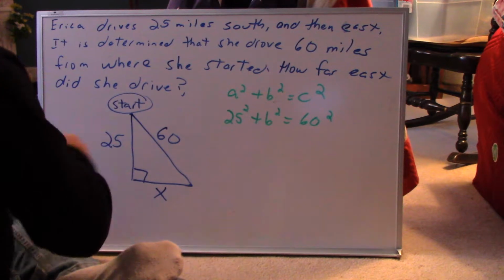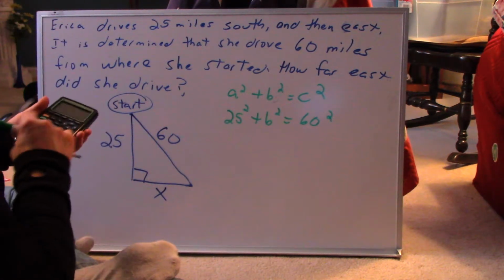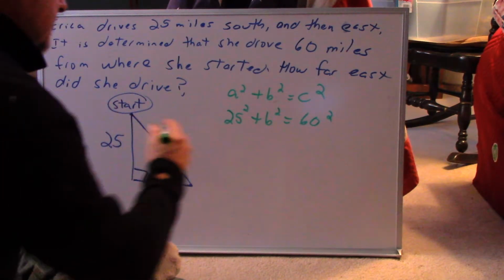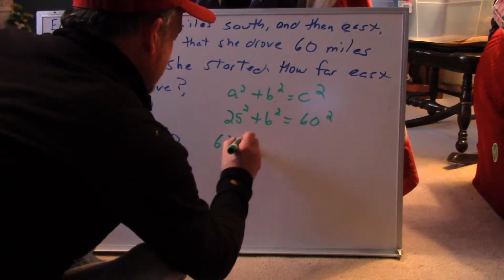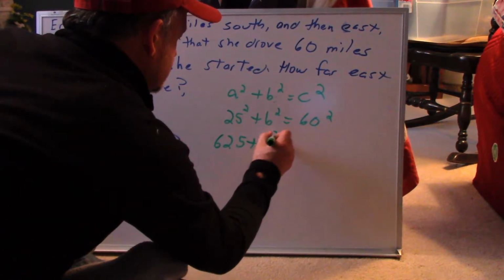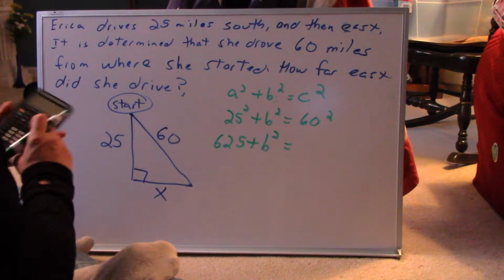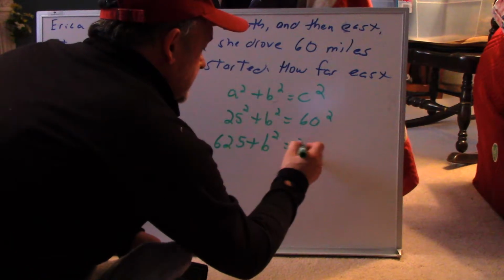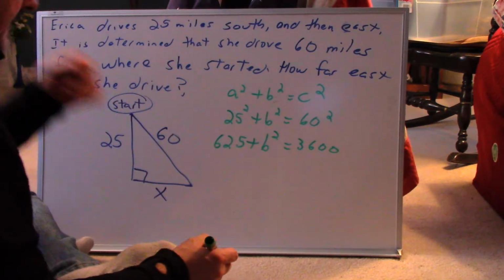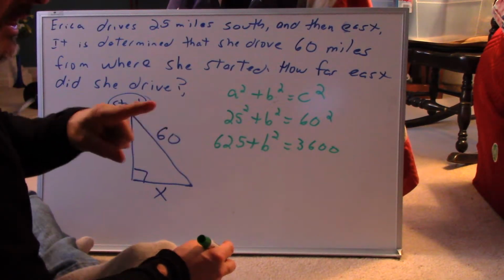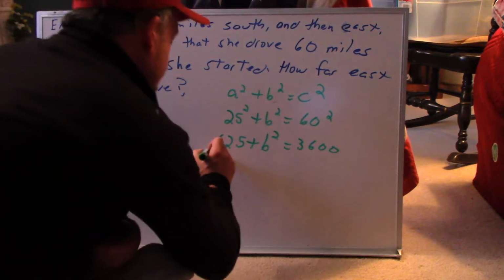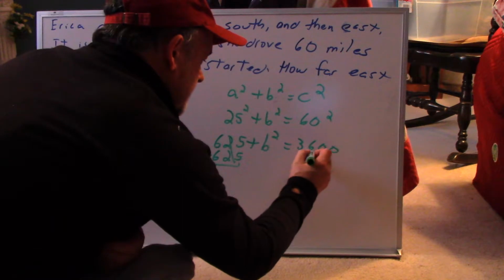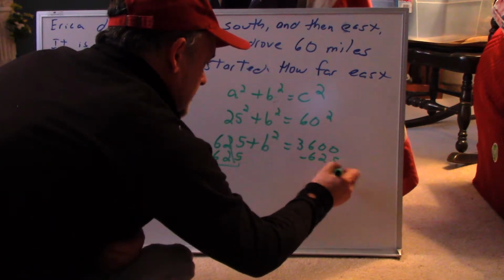I'll use my calculator for this, a good graphing calculator. 25 times 25 is 625, plus b squared equals 60 squared, which is 3,600. They're kind of big numbers here. Now I will combine like terms, because this is an algebra problem. Minus 625 on both sides.